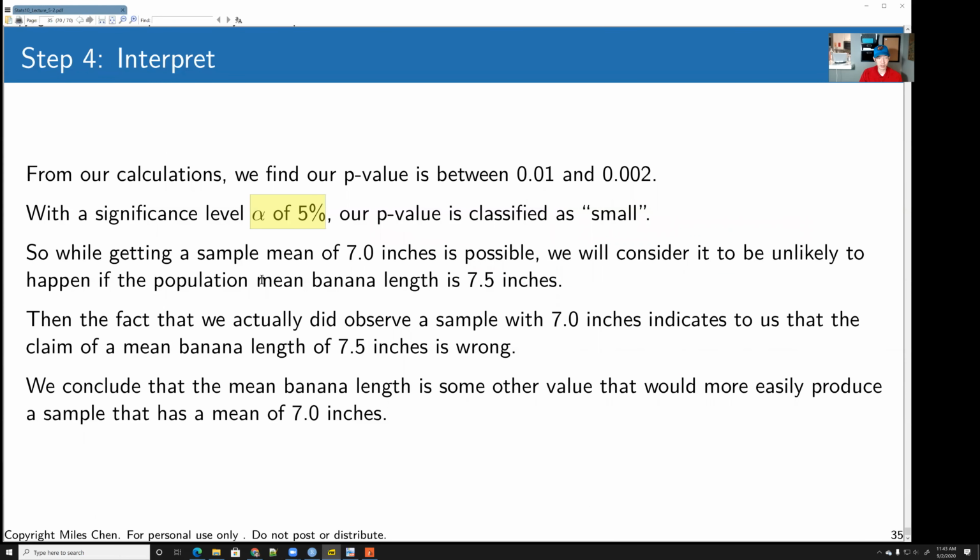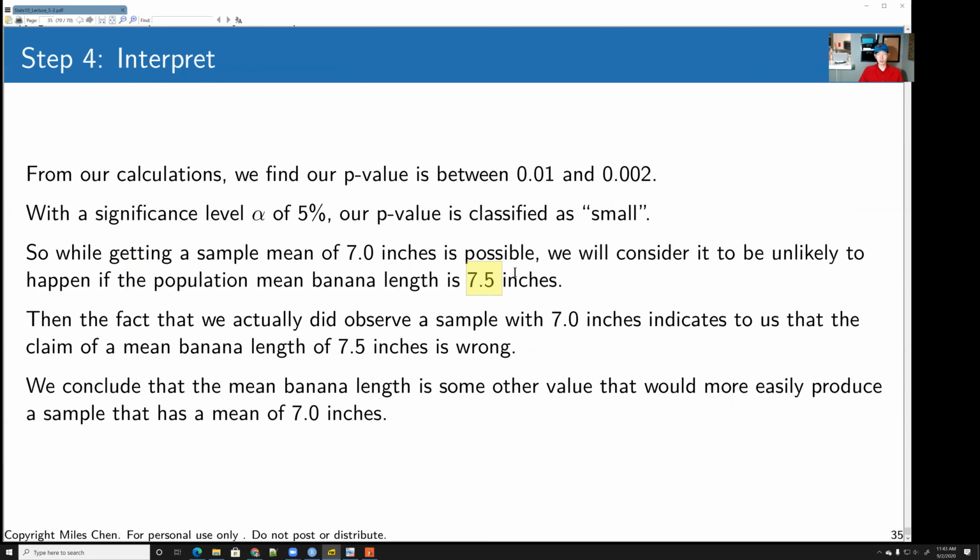And so the conclusion would be, while getting a sample mean of 7.0 inches is possible, we would consider it to be unlikely to happen if the population mean is 7.5 inches.